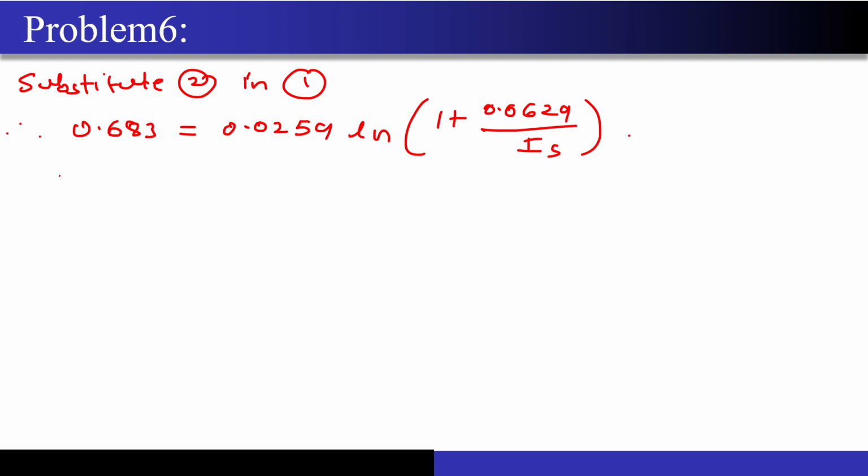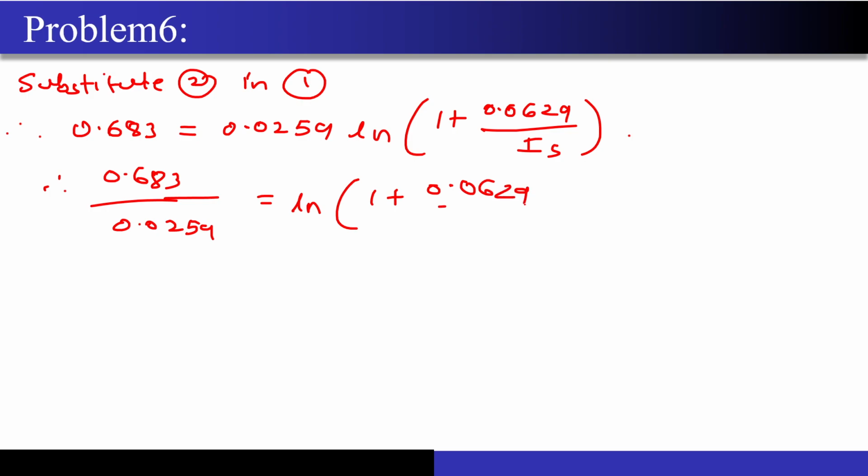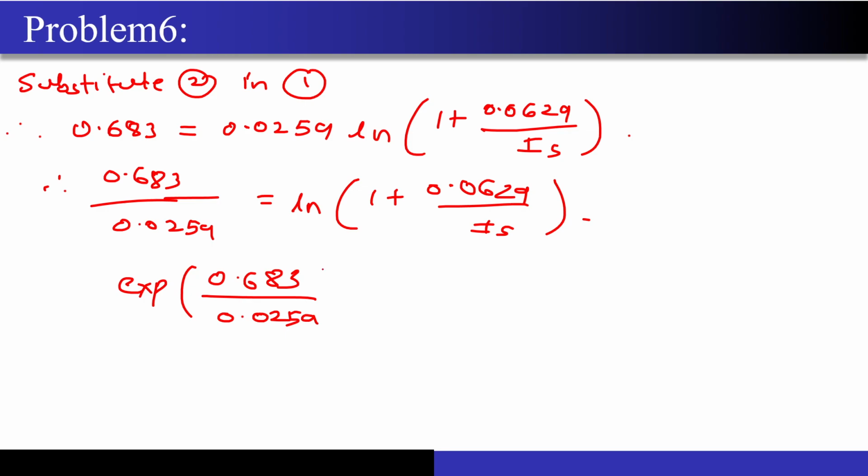So now 0.683 by 0.0259 is equal to ln of 1 plus 0.0629 by IS. If I take exponential on both the sides, exponential of 0.683 by 0.0259, minus 1, will be 0.0629 by IS.